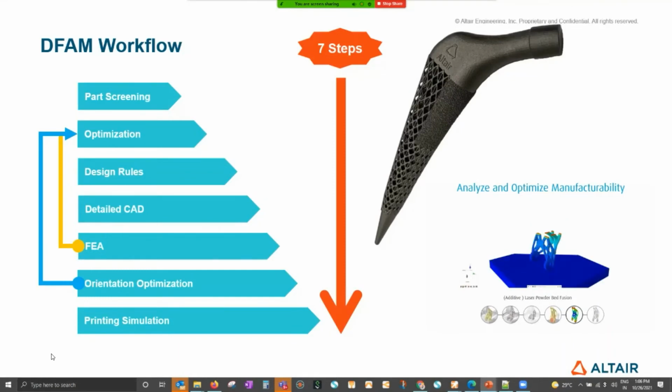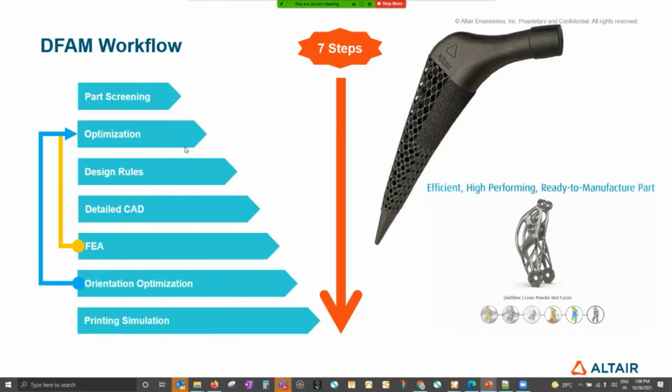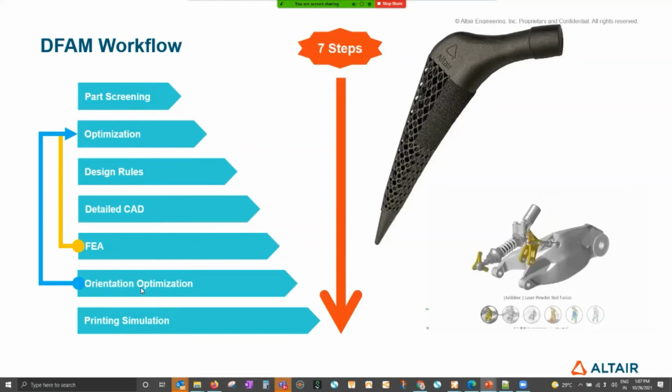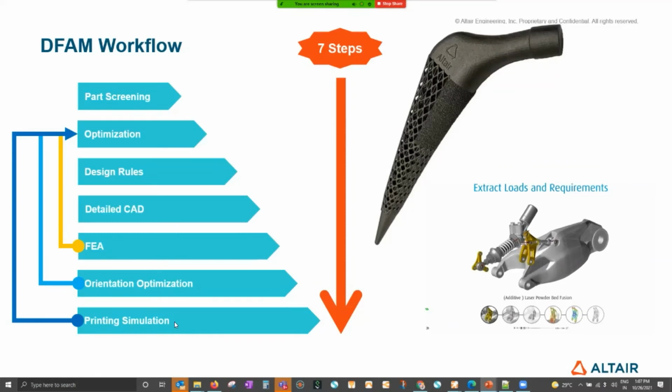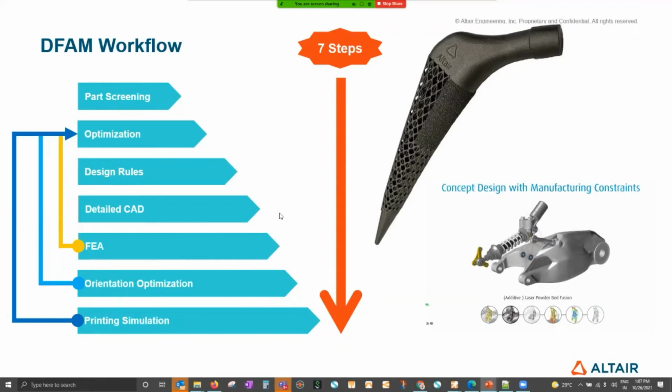In such a case, you can go back to your optimization and retune your overhang direction and overhang constraint, and do that process again and again. And in the print simulation also, you can get this input: an orientation which you earlier thought was best may give some surprise in terms of distortion, or maybe residual stress. Or you want to see what would happen if you change the orientation. So you can again go back to your orientation.